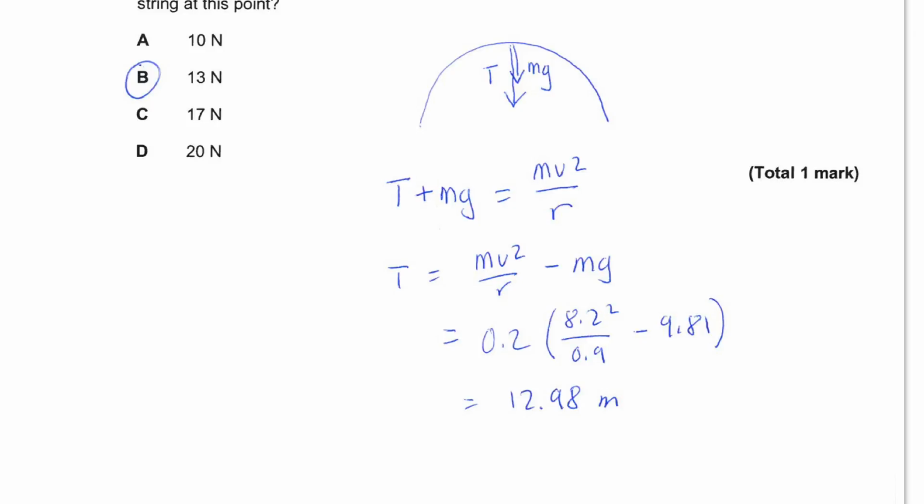Then finally, rearranging to get an expression for the tension on its own, we have got mv squared divided by r, take away the weight. Substitution of the values leads to an answer of 12.98 meters, matching answer B in the question.